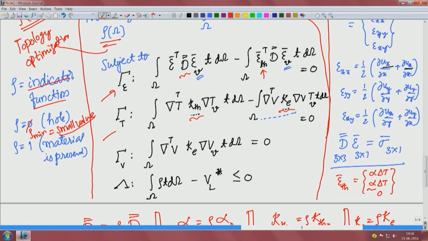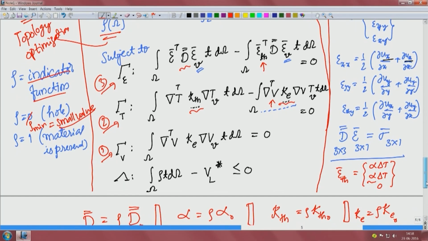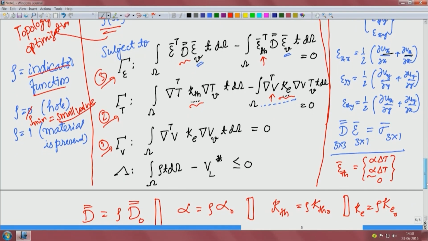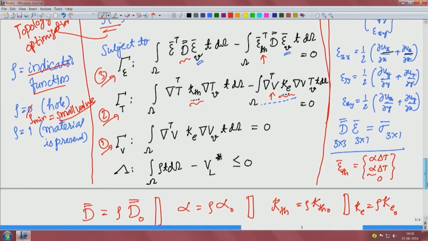Then I go to temperature problem, I cannot do this because it involves voltage here. So, I have to first do this and then do this and then do this, that is a sequence. Okay. Now, what you will see for the adjoint equations is that it is reverse. You have to do the elastic first, then thermal, then electrical.